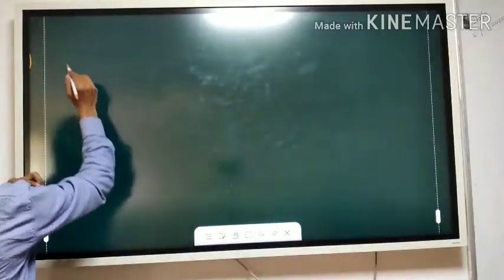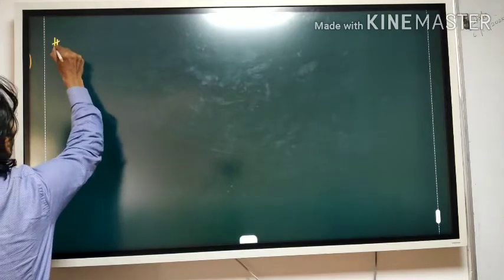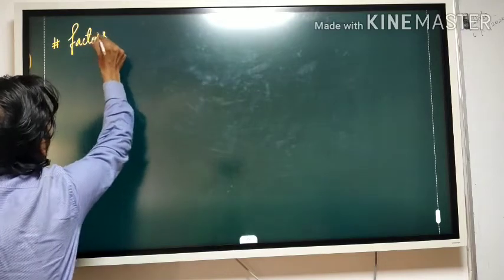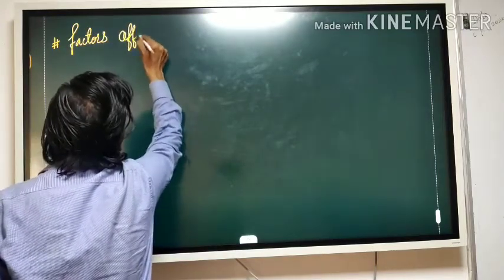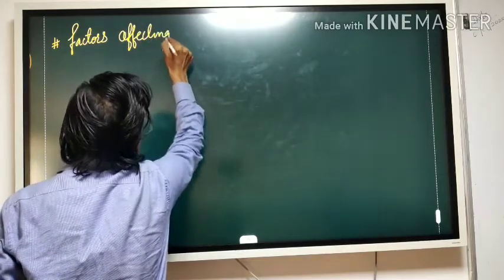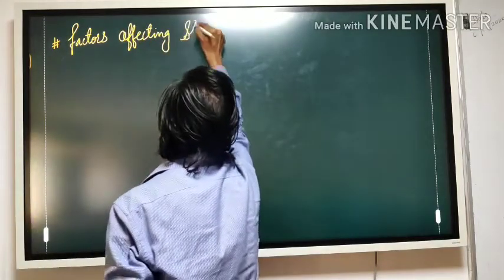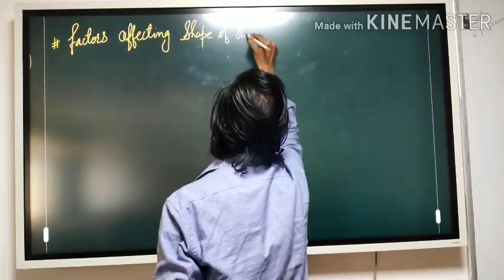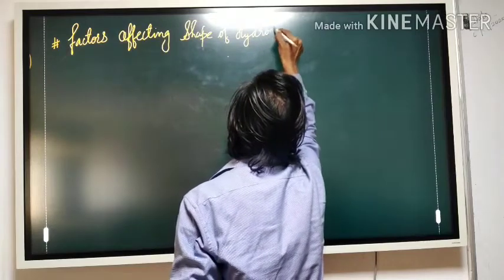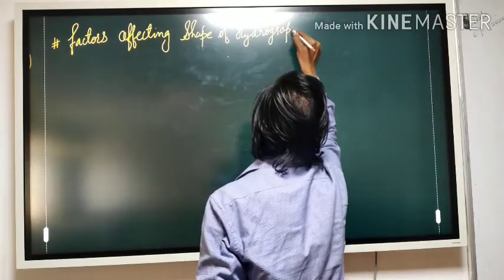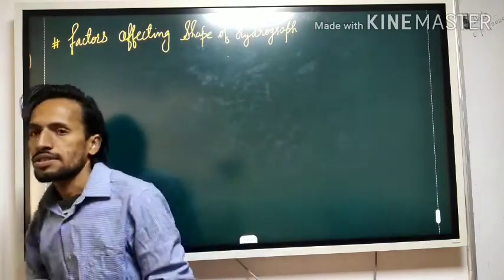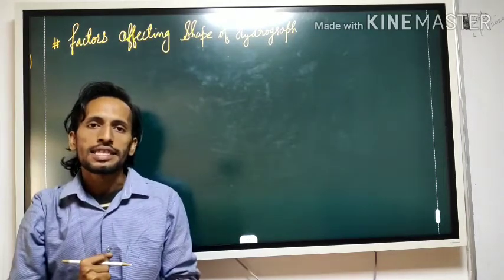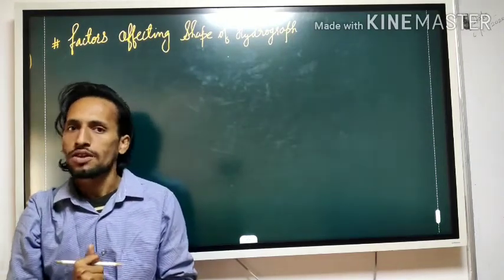Broadly I will write the topic as factors affecting the shape of hydrograph. So what are the factors that affect the shape of your hydrograph?